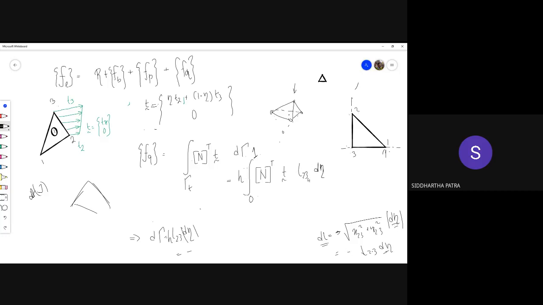So either way, this is the simplified expression, and then we can do the integration.